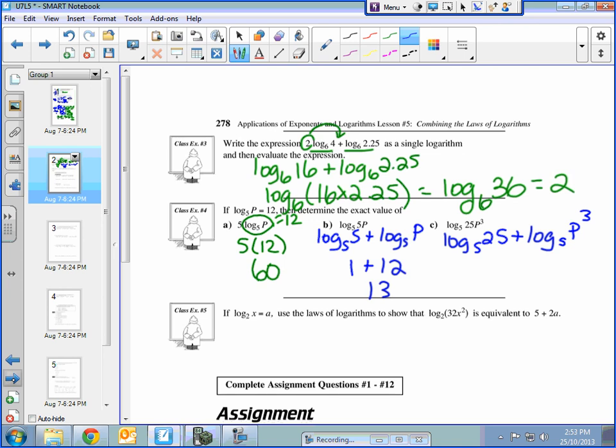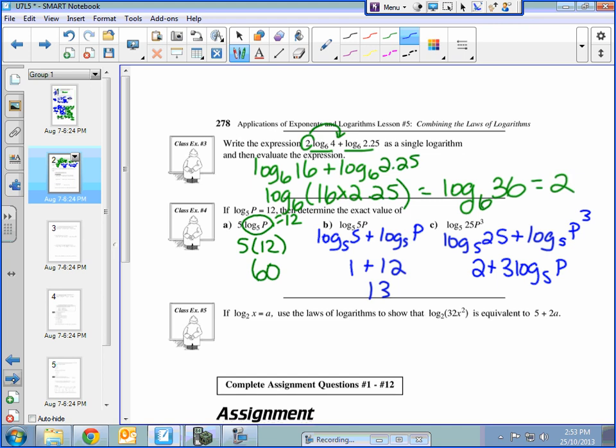Because as soon as, so log of 25 base 5, can you evaluate that right now? Yeah, it's 2. Plus, I have an exponent on my argument. Where should I put that? In front. Plus 3 log of p base 5. Is everyone okay so far?